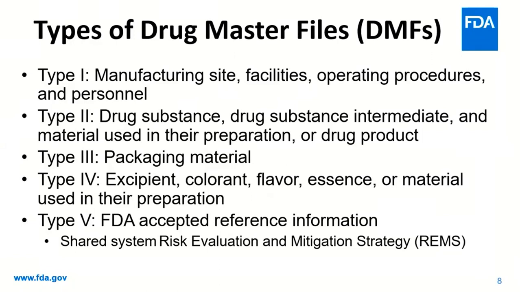Type 2 for drug substance, intermediate, and material used in their preparation, or drug product, and so on for other types. Here I want to mention that the Shared System Risk Evaluation and Mitigation Strategy, REMS, a best practice in drug development, which resembles some features of modeling practice, is currently managed as Type 5 of Drug Master File.